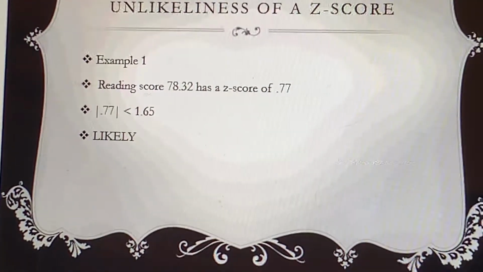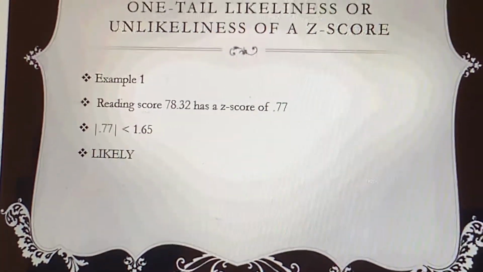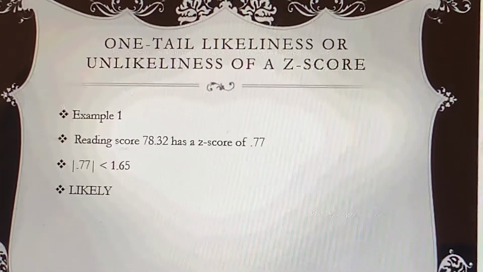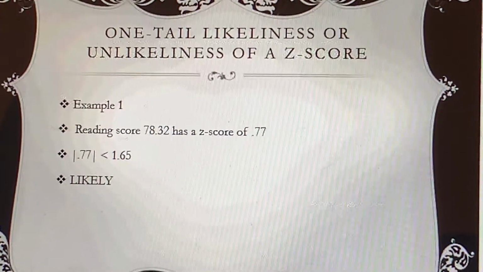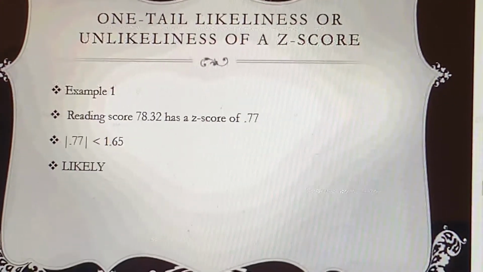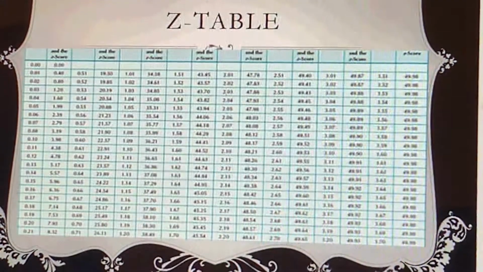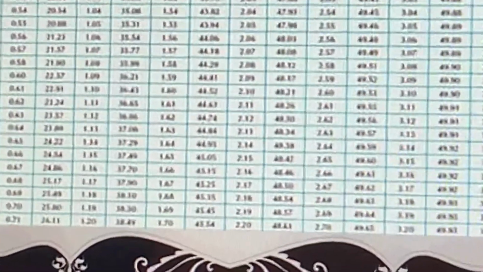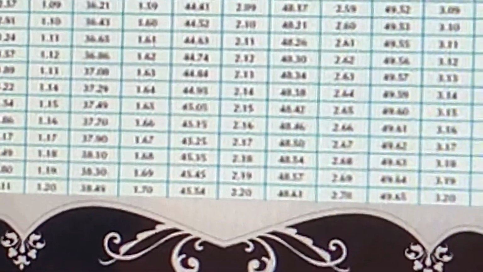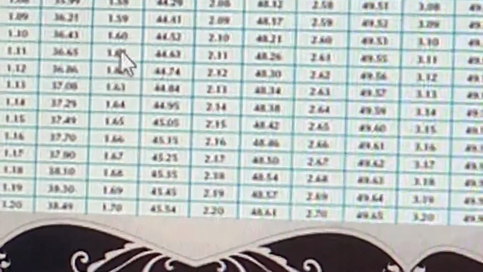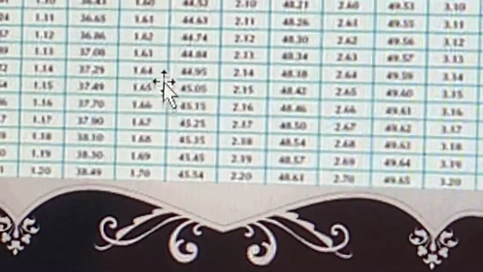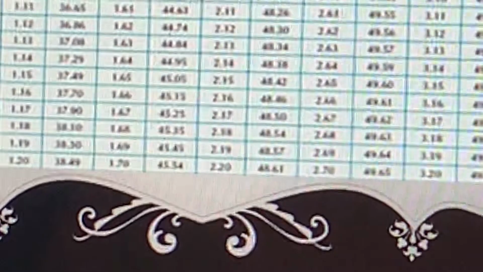All right, the first example I'm going to use would be the reading score of 78.32. It has a z-score of 0.77. Now, if you look back at the graphic, you're reminded that anything below 1.65 would be in the area of acceptance.